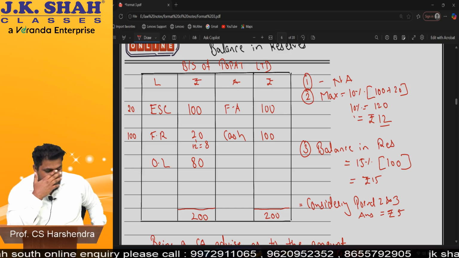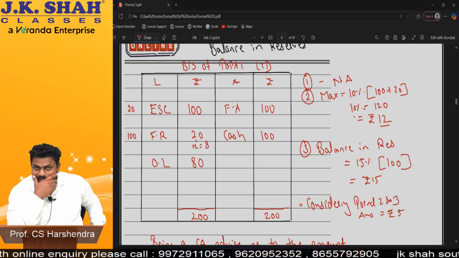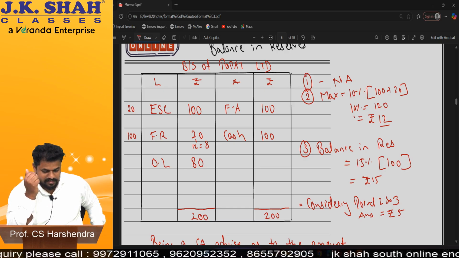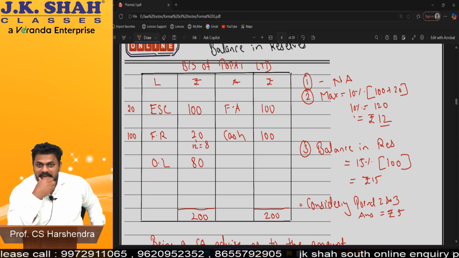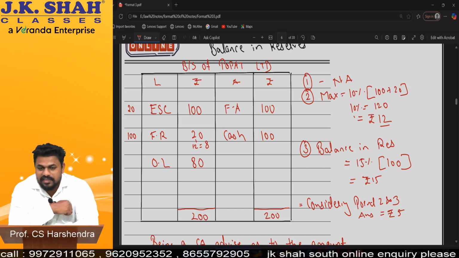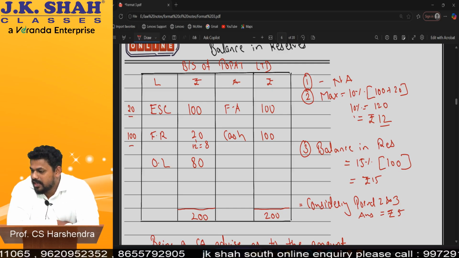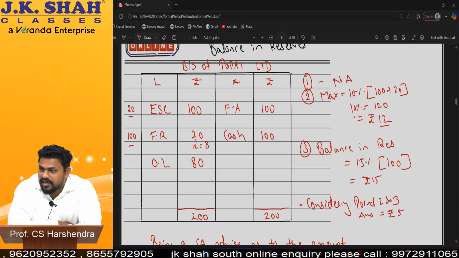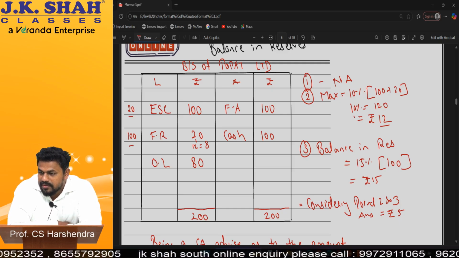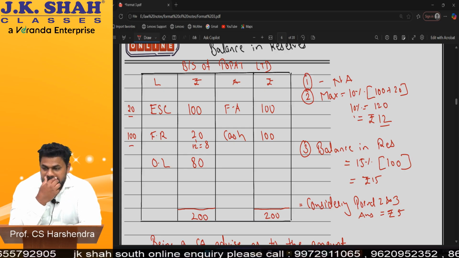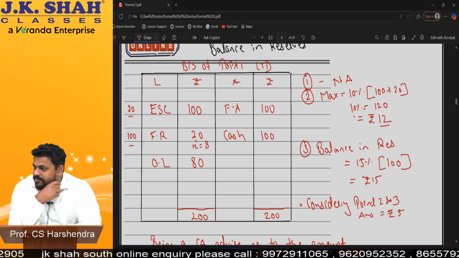Okay. And what will be the answer, online students? If I change this, equity share capital I make 20, free reserves I make 100. Tell me the answer. All of you have to answer. Right or wrong doesn't matter to me. Quickly.